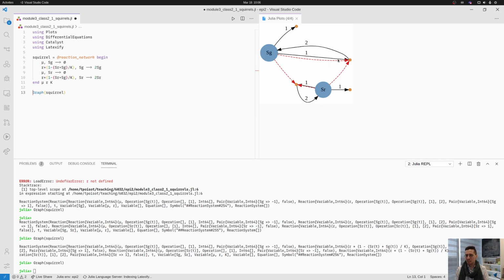So what we have built here is a competition model with a very strong assumption. The very strong assumption that we've made is that the rates of competition are equal. So let's try that. Let's go, squirrel, no infection.